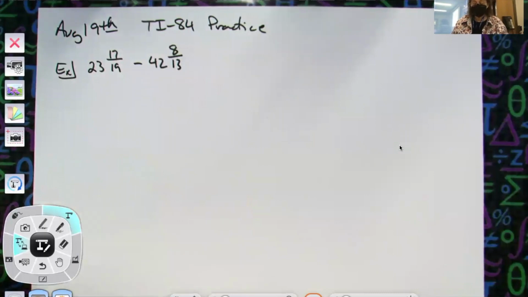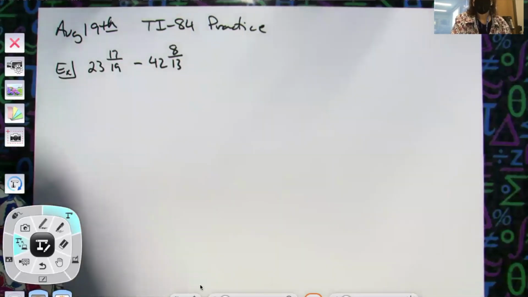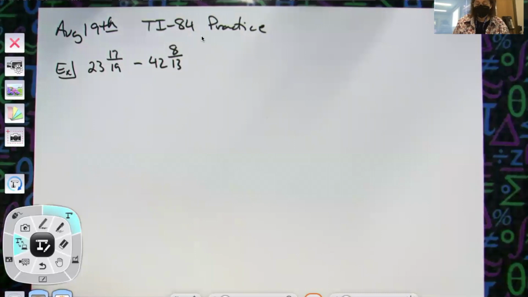I'm doing it on mine too, so we'll kind of know what's going on there. I'm going to punch it in mine so I'll know about how long it's going to take for you guys to do this.